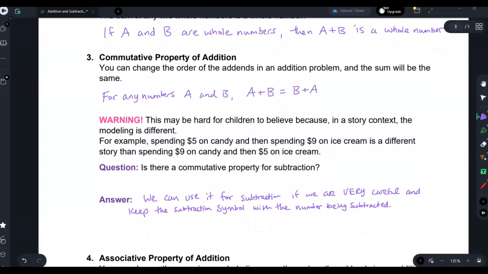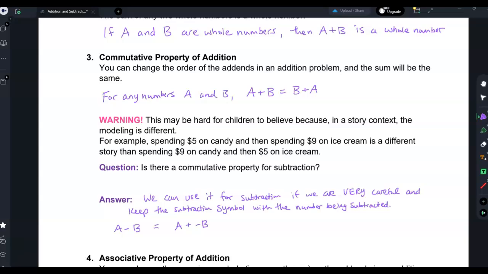So for example, the subtraction problem, A minus B, right? Again, A and B could be any numbers. A minus B, you can think of that as being the same thing as A plus negative B, right?